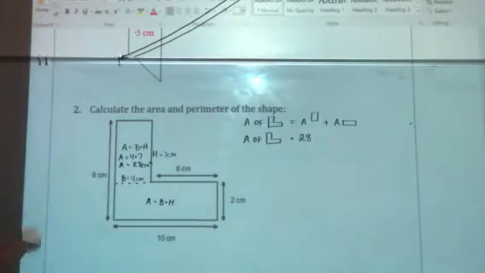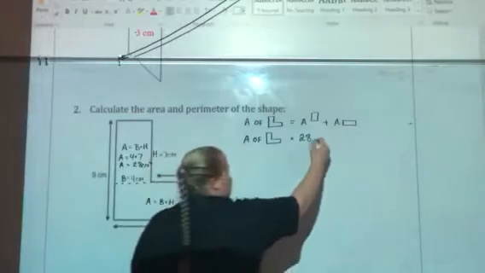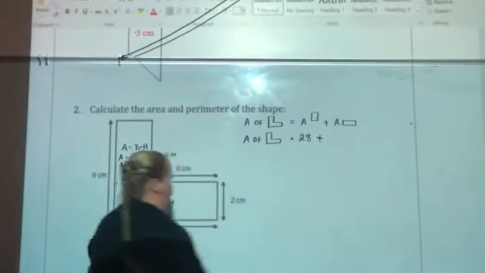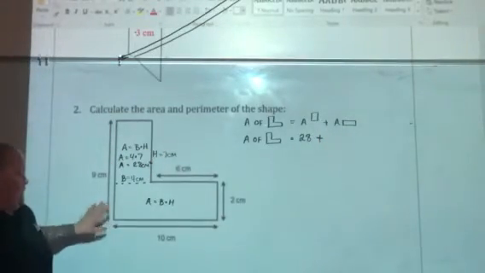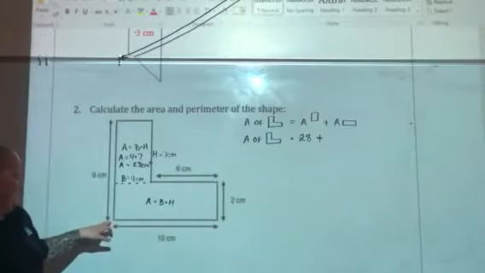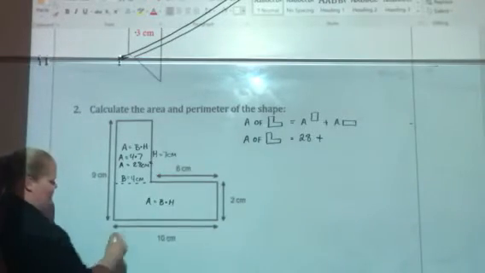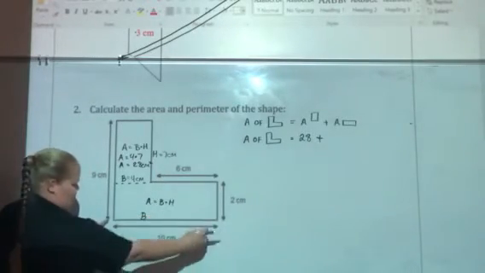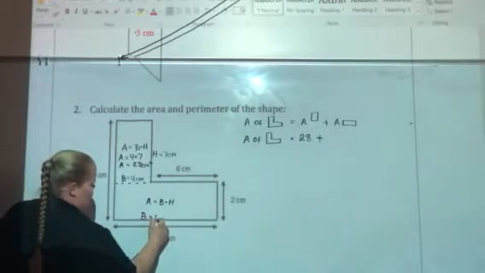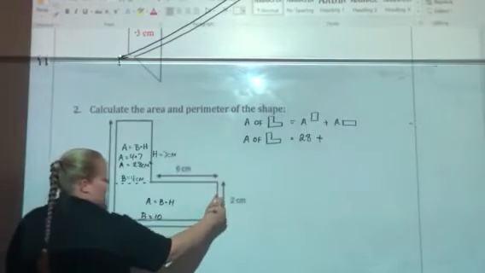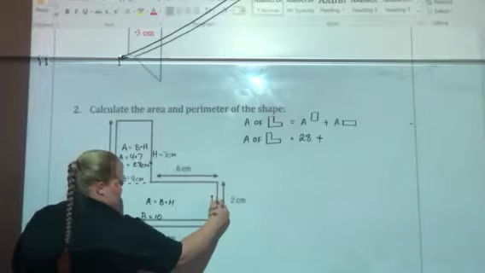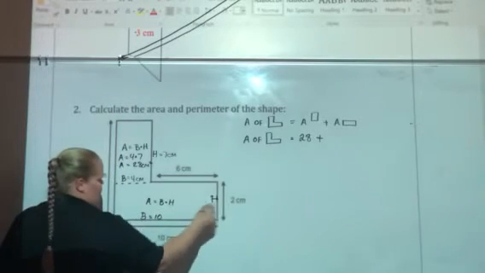We still have to find the other half of this, which is the bottom part of the L, which is much easier in this case. The base is obviously going to be 10 centimeters. The height equals 2.